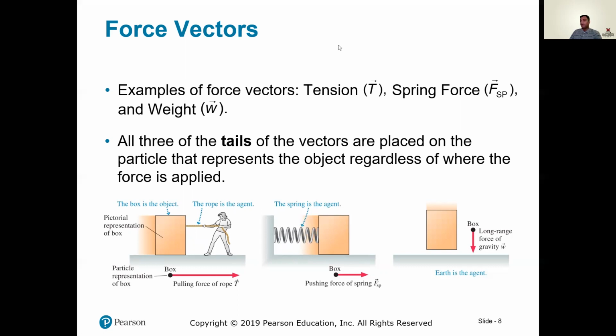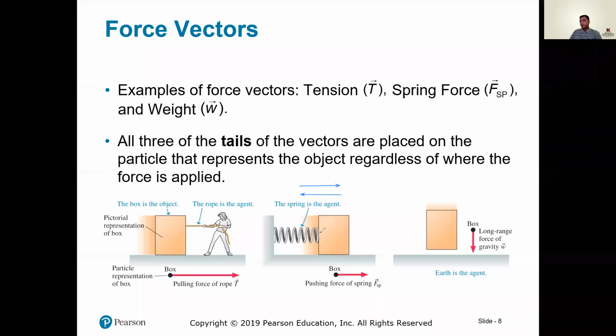If you apply a force and compress it, then whenever you release it, the spring is going to apply a force on the block in the opposite direction. We call this force the spring force, not the first one, okay?